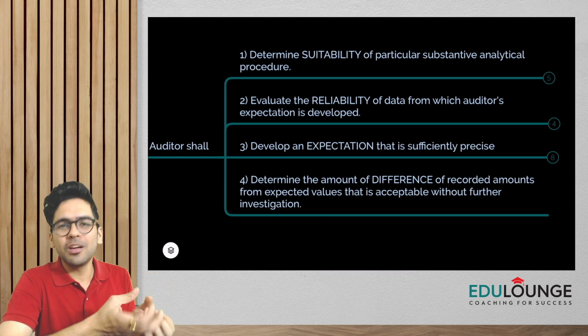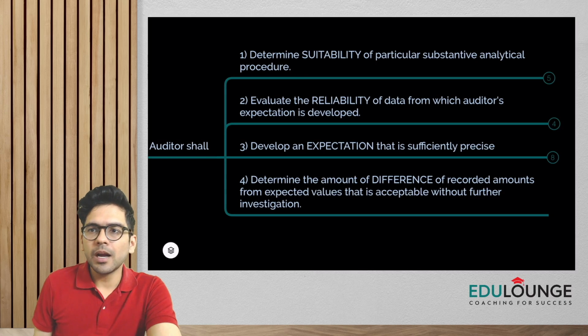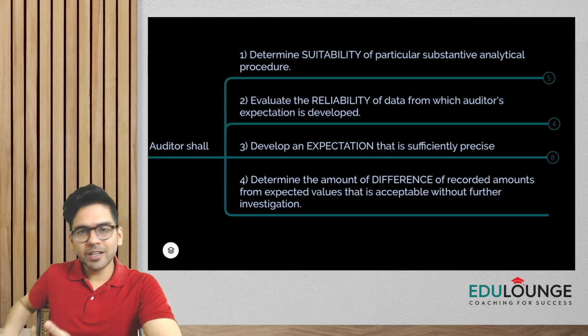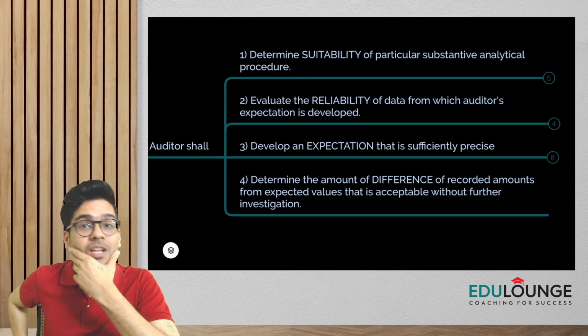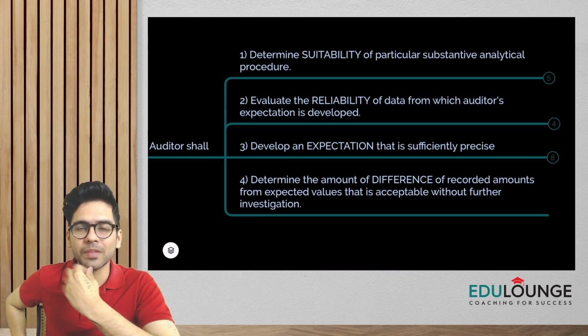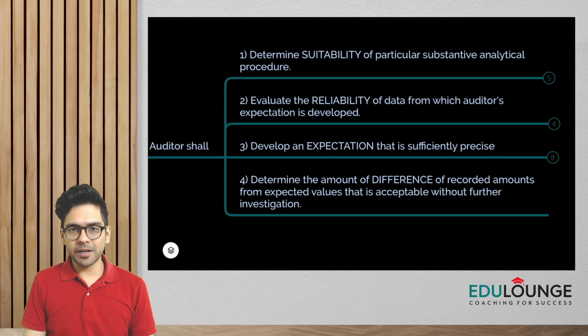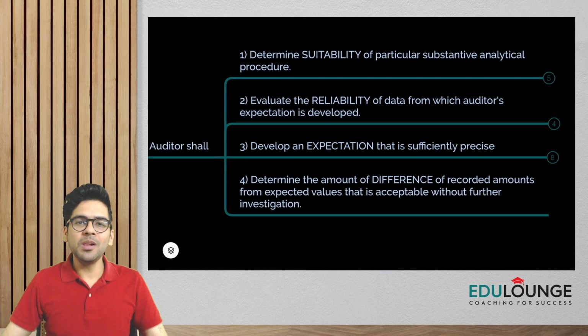It's almost very close. You don't have to further investigate. But imagine this, that the GP ratio you were expecting to be 10%, the actuals it is 18%, way too high. Then you might have to investigate, because it is quite different from what you had expected. It is beyond our tolerable range.